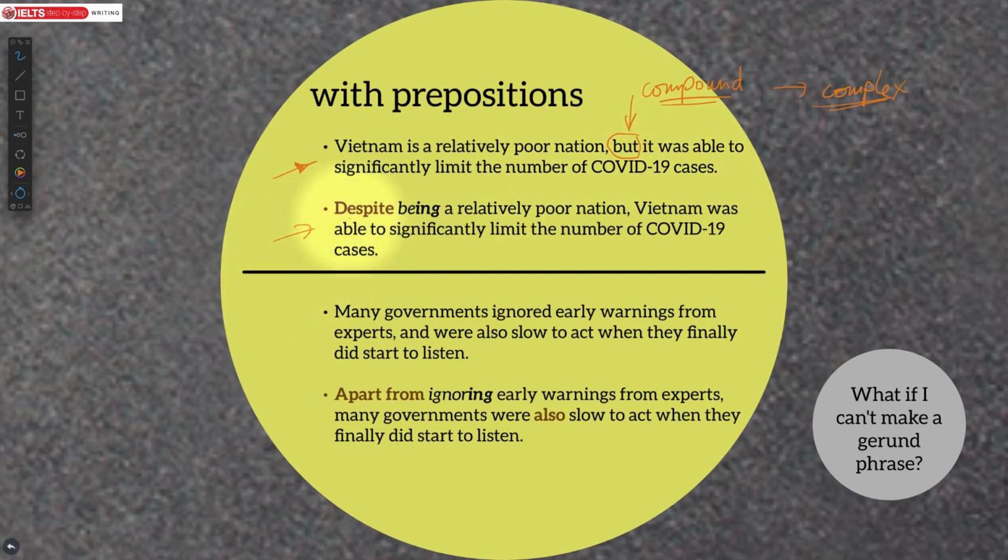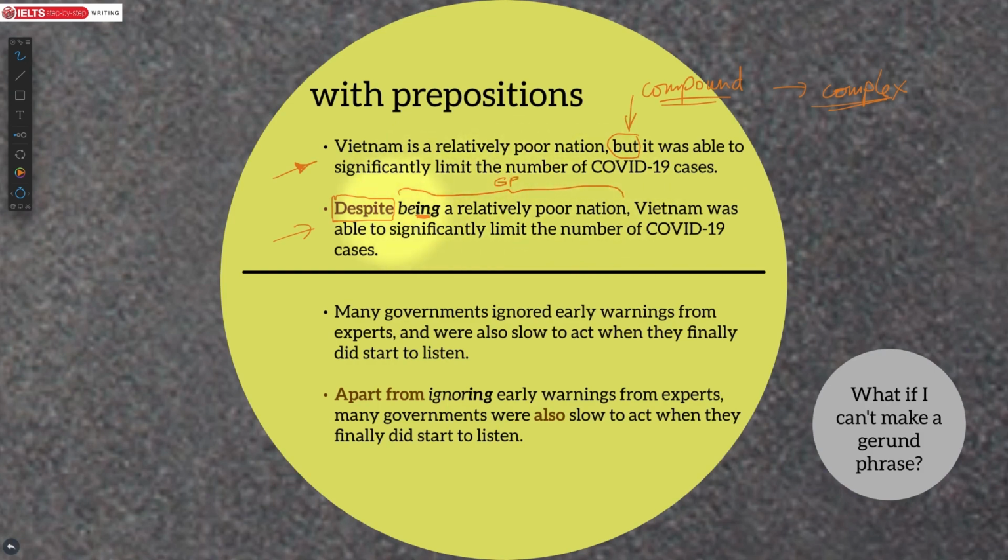So there's a preposition, this special one we already spoke about, called despite, and this sentence means the same as this, except this second sentence is much more advanced and shows off your higher level of English. So despite being, there's the gerund, despite being a relatively poor nation, it's the gerund phrase.